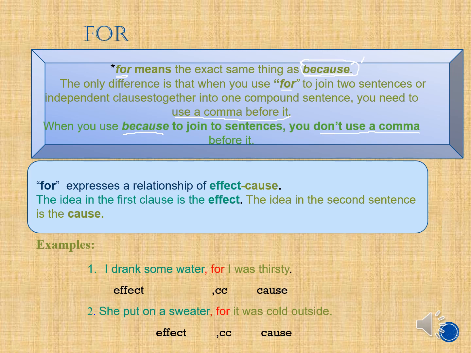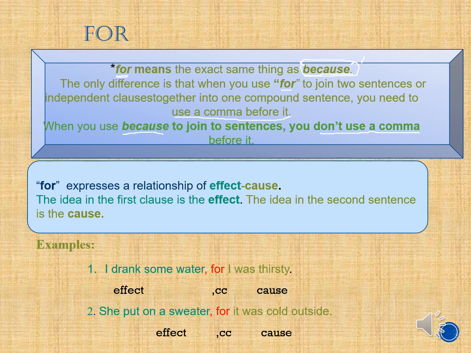If the word that we are talking about, the for that we are talking about, means because, we also need to pay attention that the first part of this compound sentence shows the effect, and the second part shows the cause.